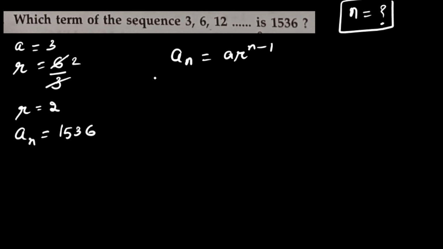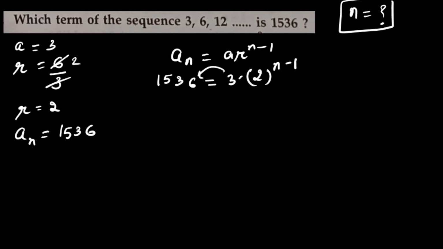We just have to do the substitutions now. an's value is 1536, a's value is 3, r's value is 2. So I am substituting the values: 1536 equals 3 into 2 to the power n minus 1. First of all, let's shift 3 to the other side.